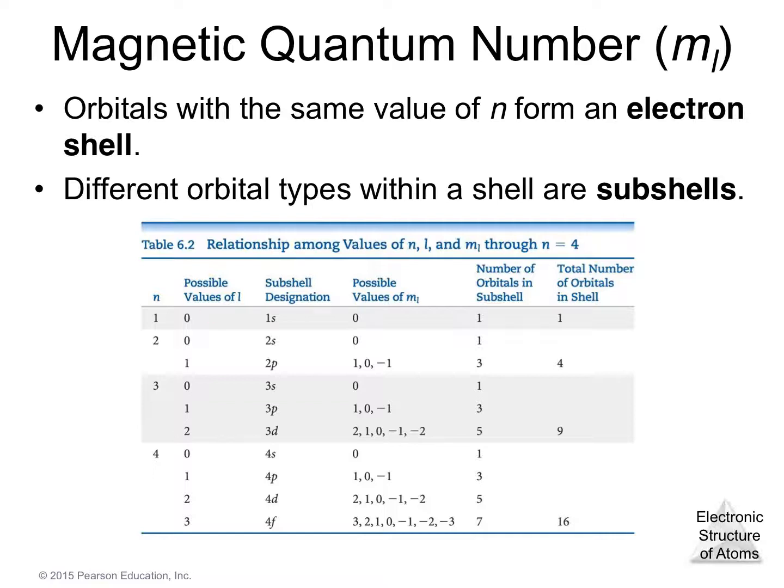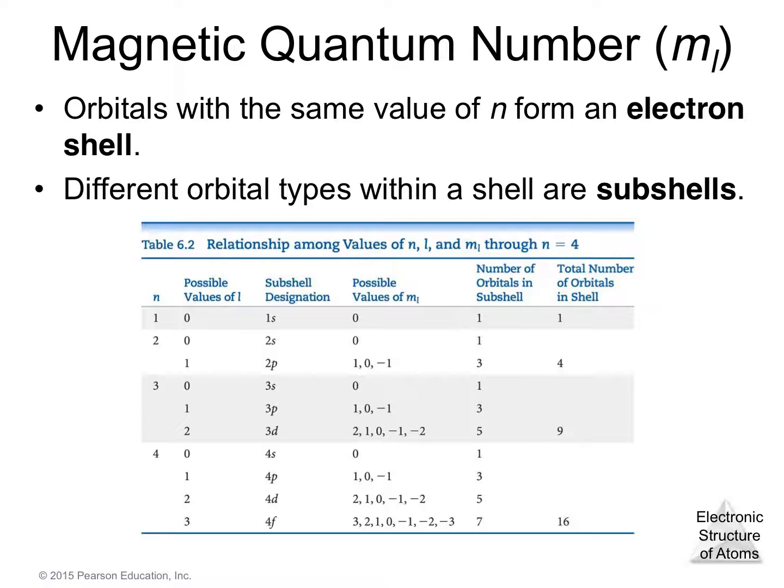If L equals 0, that's an s orbital, and there's only one possible arrangement for the s orbital, so there's only one possible value for m sub L. If L is equal to 3, that's an f orbital, and there are 7 different arrangements, so you see 7 different possibilities for your m sub L value. The picture we looked at the most was the p orbital. P is represented by L equals 1. We saw 3 different orientations where that p orbital could be, so we see 3 different values of m sub L.